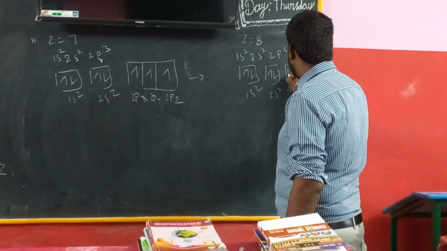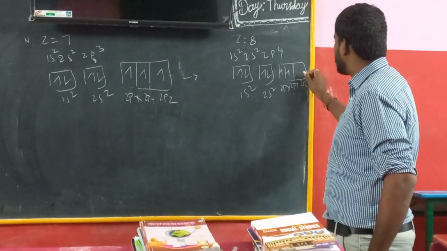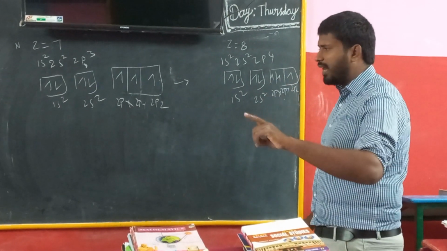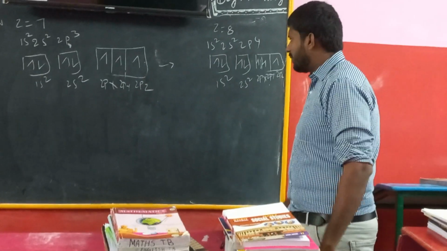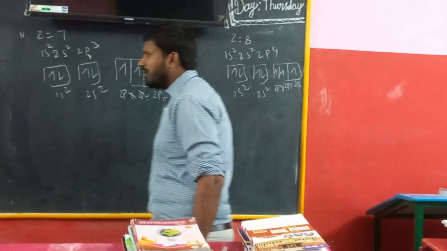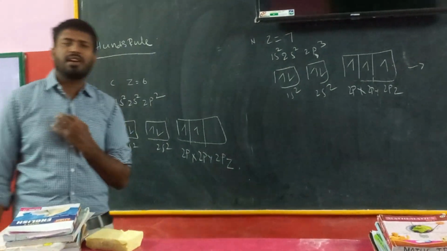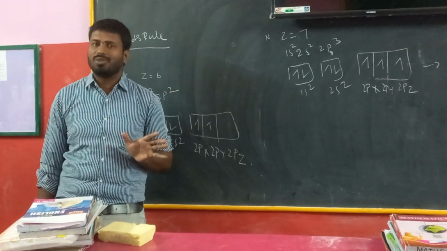The first electron goes into 2px, the next into 2py, the next into 2pz, and one more electron remains. That electron goes into 2px. Then it is called a stable configuration. So the pairing of electrons takes place after filling all the available degenerate orbitals. This is called Hund's rule.